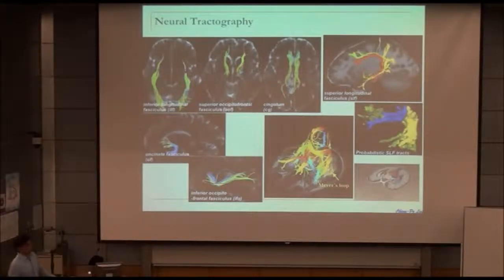And here we localize some specific tracks, for example, the inferior longitudinal fasciculus and so on. And here is the language pathway, and also the tracks from frontal lobe to occipital lobe, and also the Meyer's loop. Even the very subtle Meyer's loop from optic nerve to occipital lobe, we can also identify it.